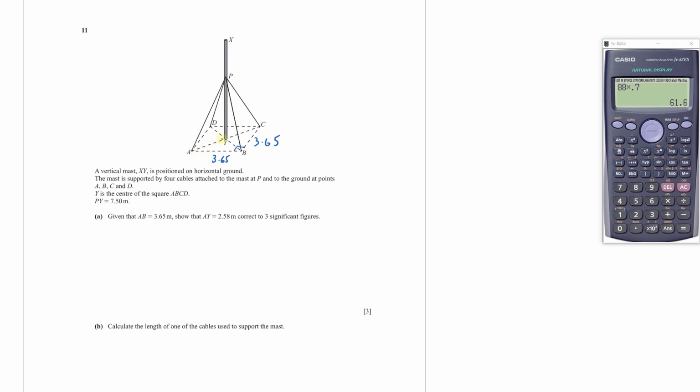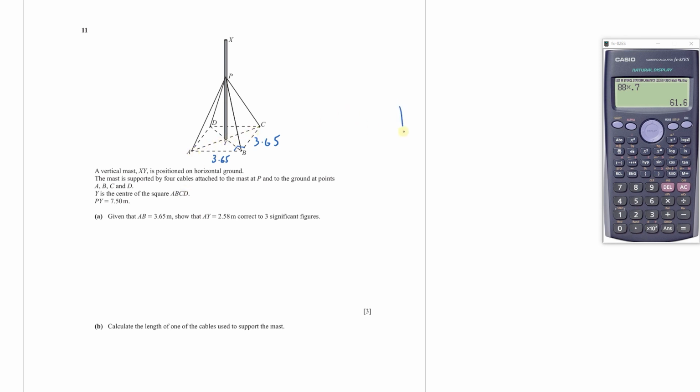And then AY will be simply half the length of AC, because Y is the center of the square. It will divide this diagonal into two equal parts, so AY equals YC.